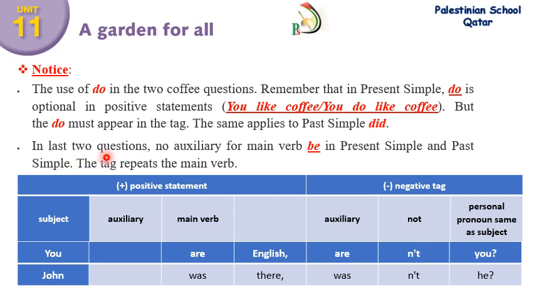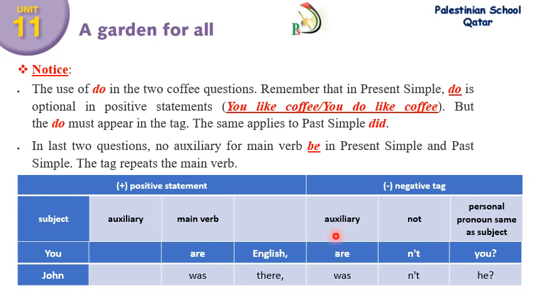In the last two questions, there is no auxiliary for the main verb be in present simple and past simple. The tag repeats the main verb. Look here, positive statements and negative statements. You are English, aren't you? Main verb are.